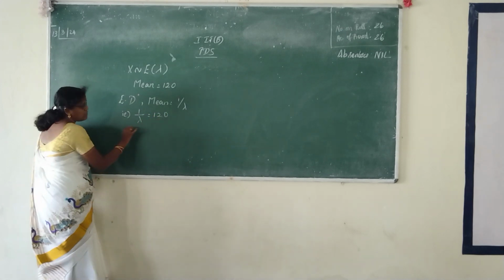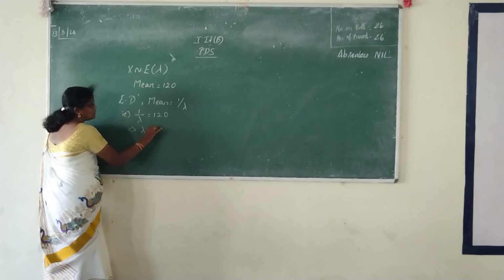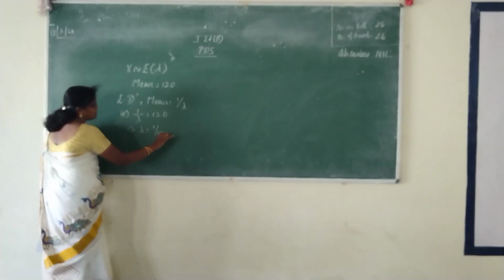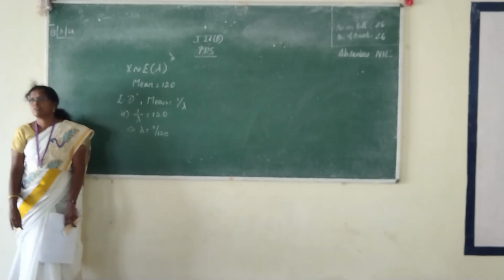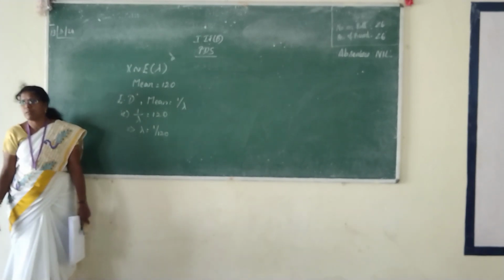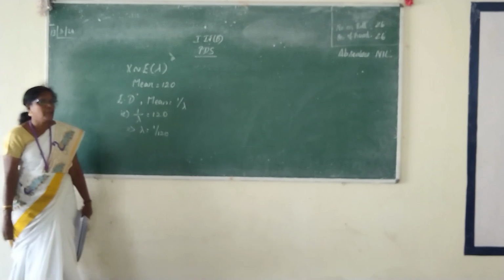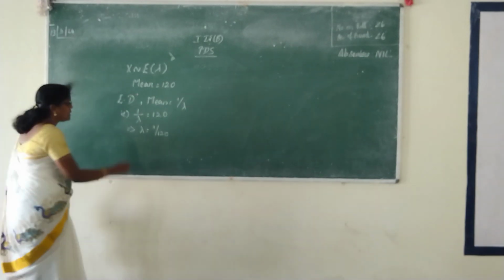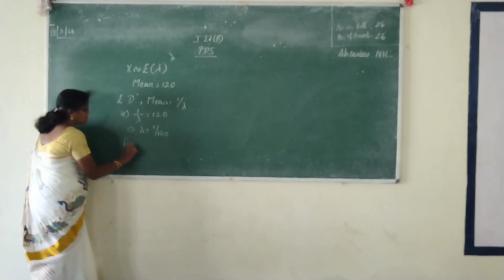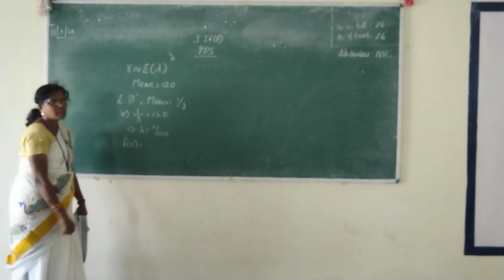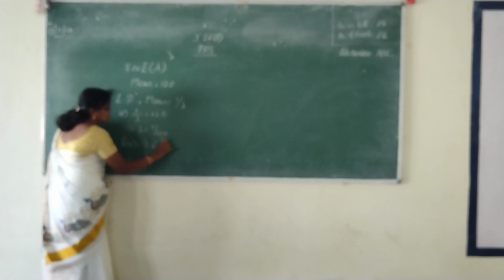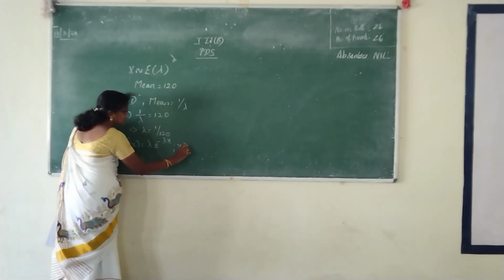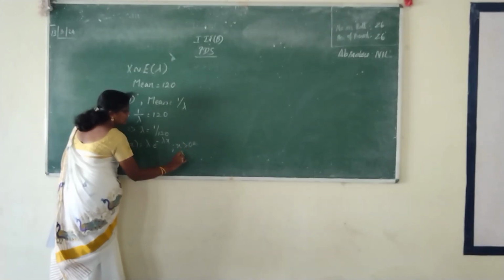So what is f of x equal to? Tell me the definition. Lambda e power minus lambda x, x greater than 0 and lambda greater than 0.